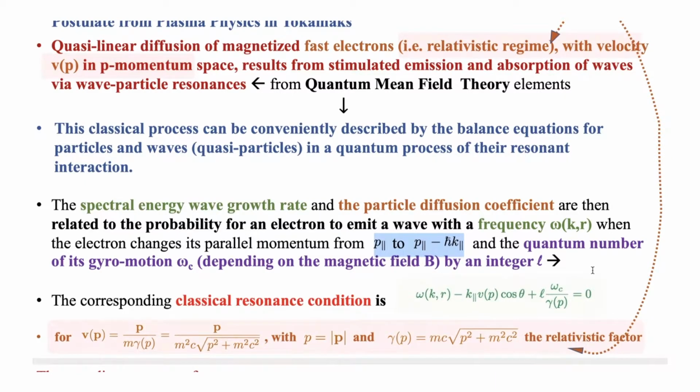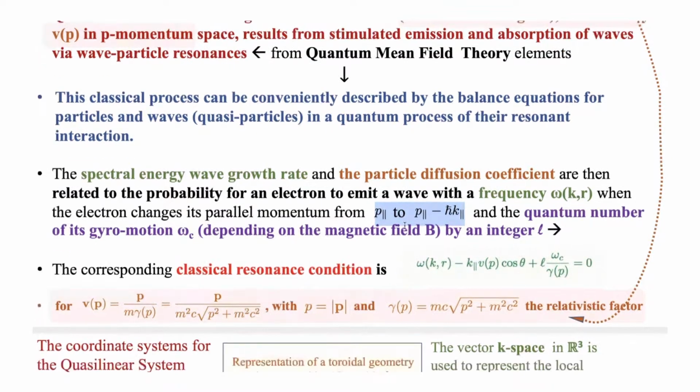You will see the equations in a minute, but just start to think about why I showed you the picture of the tokamak. All I want you to understand is that parallel means parallel in the direction of the magnetic field, and orthogonal is orthogonal. So parallel is the parallel component of the magnetic field, that's what we call the poloidal component. Orthogonal would be the toroidal component.